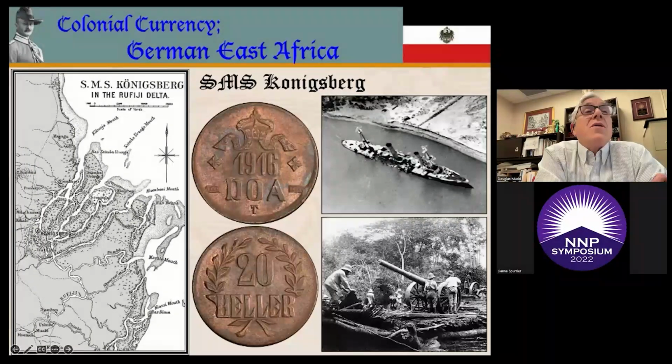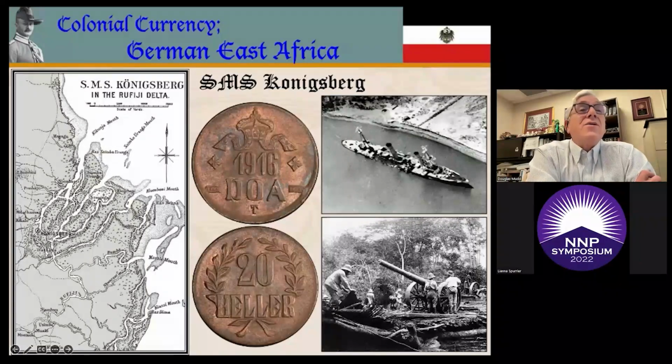From the British point of view, the Königsberg had vanished without a trace, and they spent months trying to figure out where it was, also creating new stories as they experimented with how to operate seaplanes in late 1914 and early 1915 for the first time in tropical conditions.